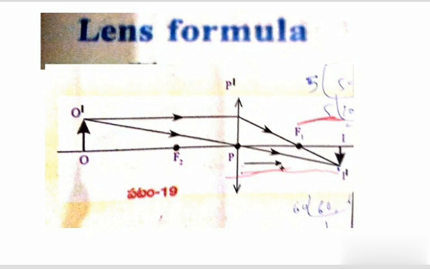This point is the image of the point O dash of the object.